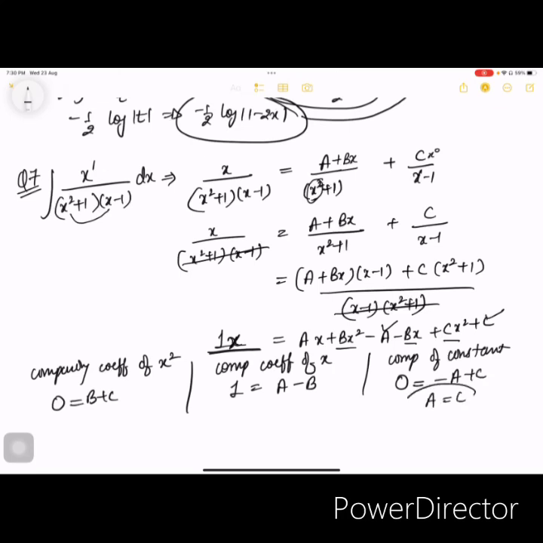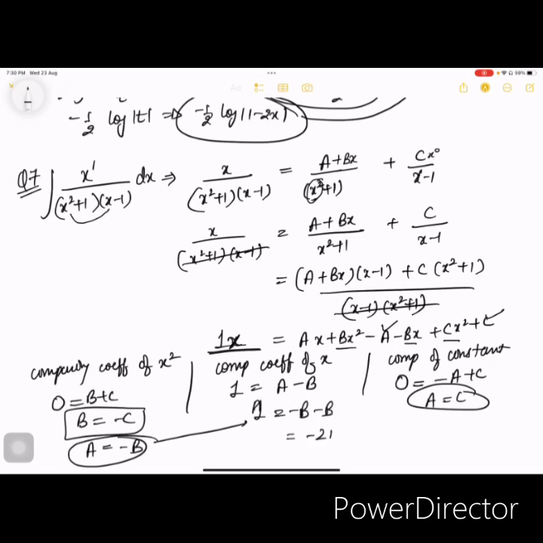So A is equal to C. From here we can write B is equal to negative C. So A will be negative B. Putting that value, 1 is equal to negative B, negative this, minus 2B.